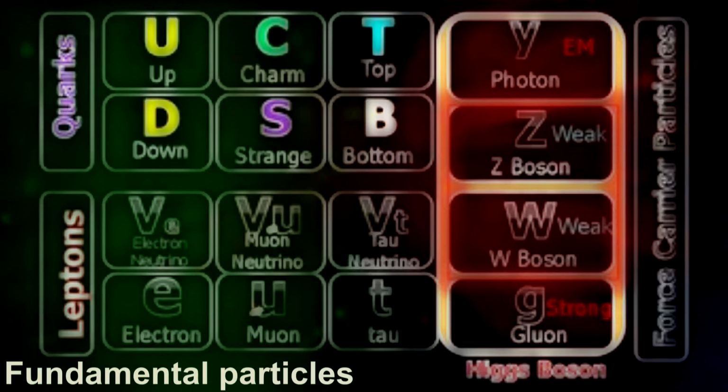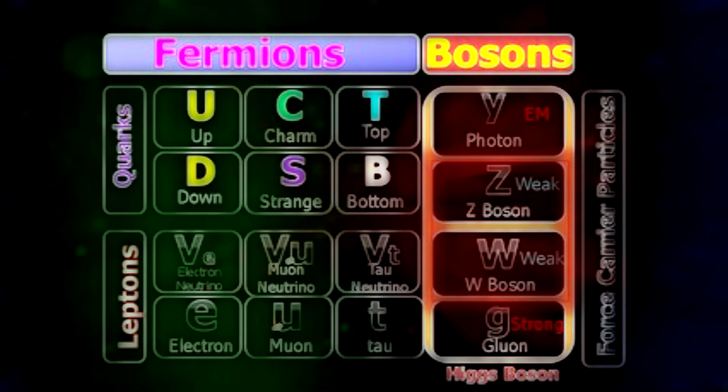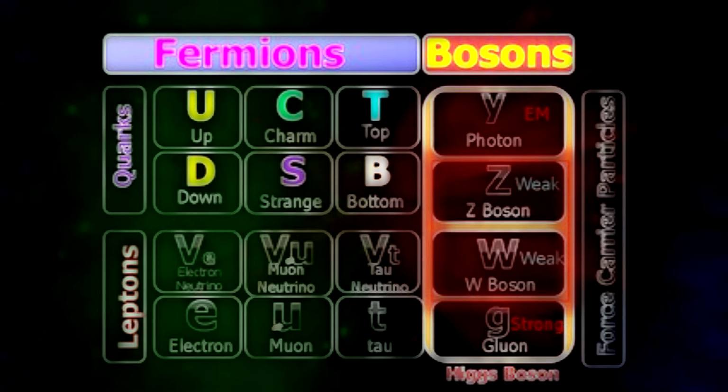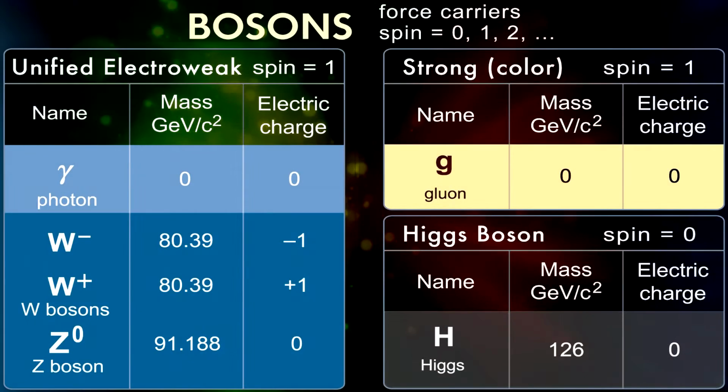Now let's get deeper into the lingo of physicists with fermions and bosons. In particle physics, all fundamental particles are either classified as fermions or bosons. By definition, fermions are fundamental and composite particles that have a half-integer spin, and bosons are fundamental and composite particles that have an integer spin.